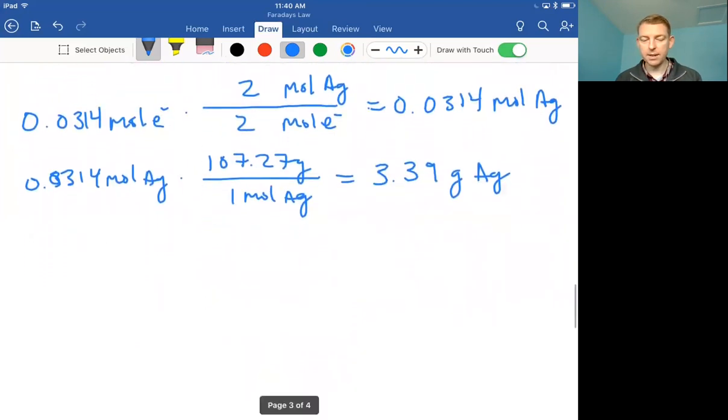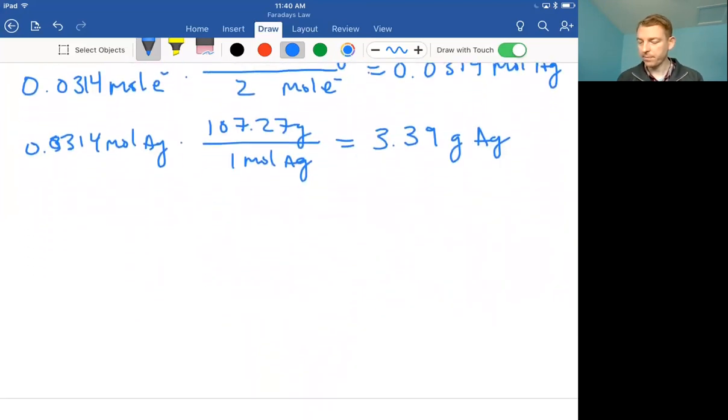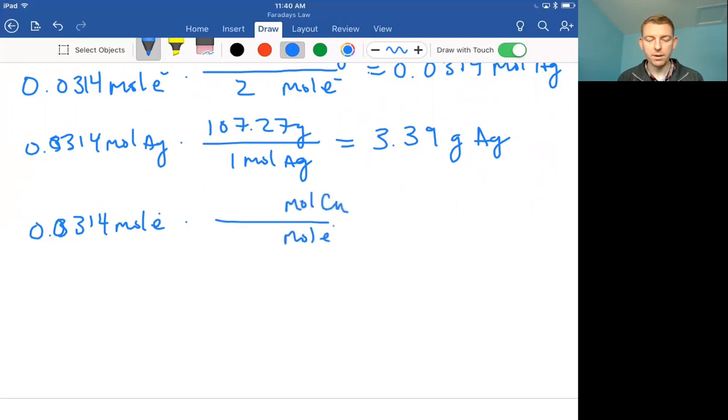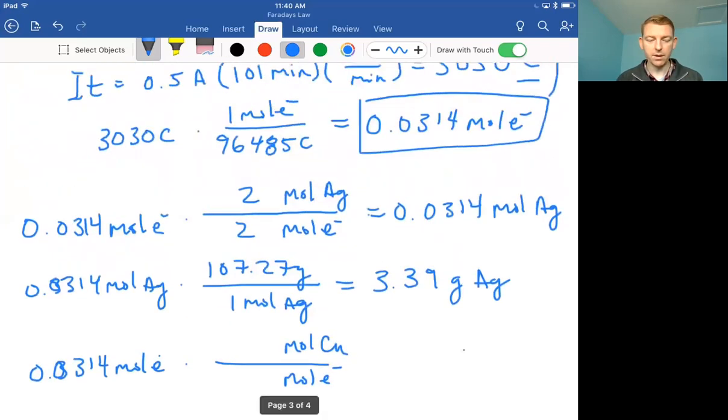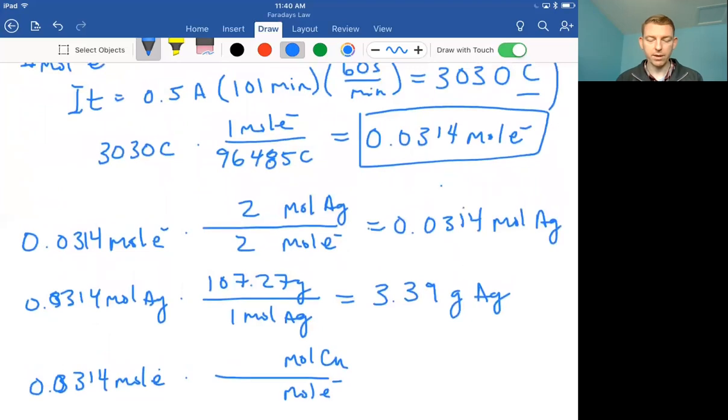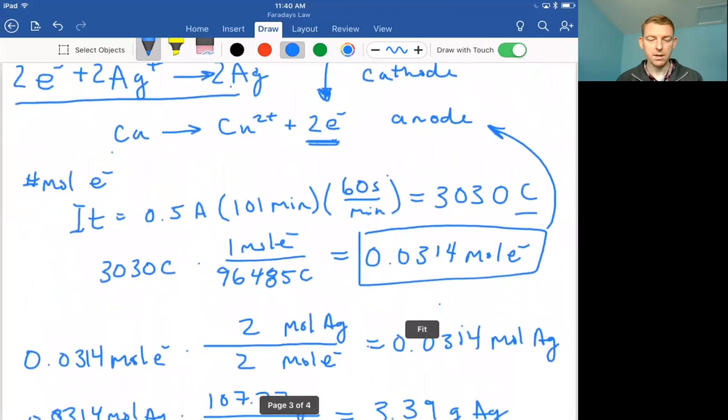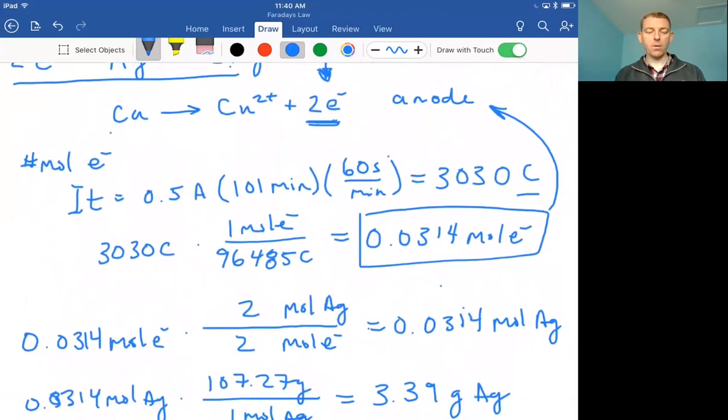And it's going to be exactly the same process for copper. Okay, so if we have 0.0314 moles of electrons, and now we need to say, okay, well, how many moles of copper are we getting per mole of electrons? We can have a look at our balanced reactions again, and we're going to find that we have 1 mole of copper for every 2 moles of electrons.